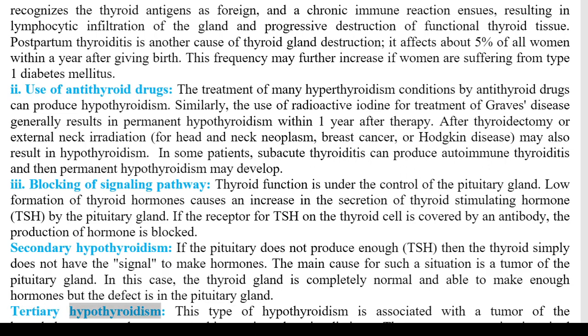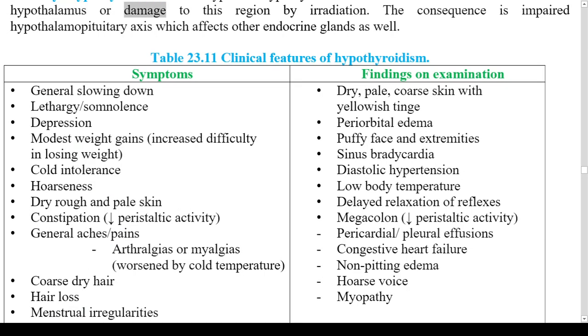Tertiary hypothyroidism. This type of hypothyroidism is associated with a tumor of the hypothalamus or damage to this region by irradiation. The consequence is impaired hypothalamo-pituitary axis, which affects other endocrine glands as well.